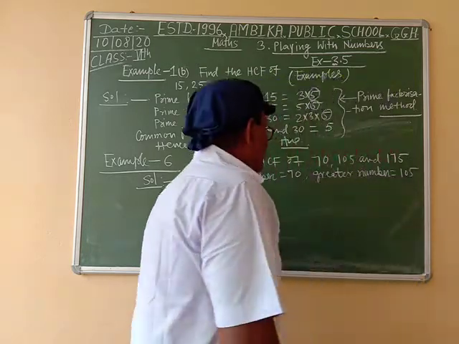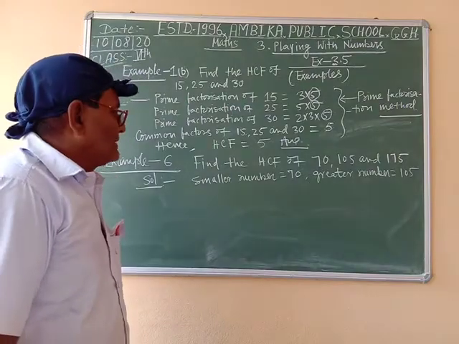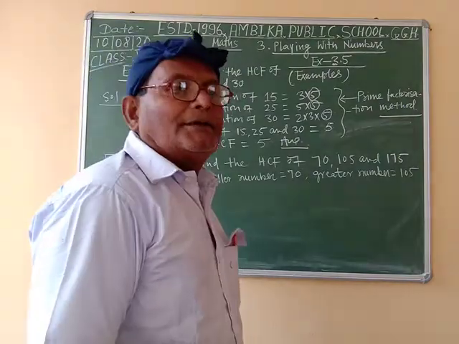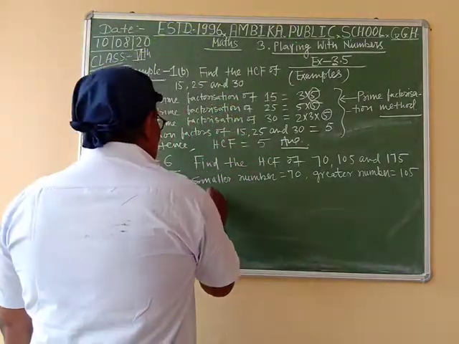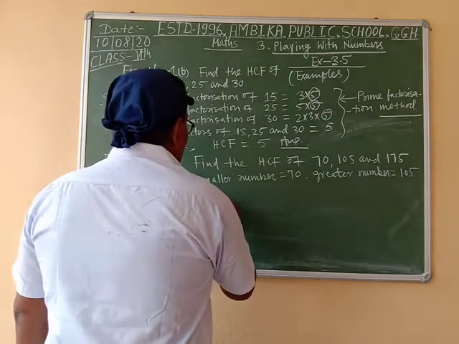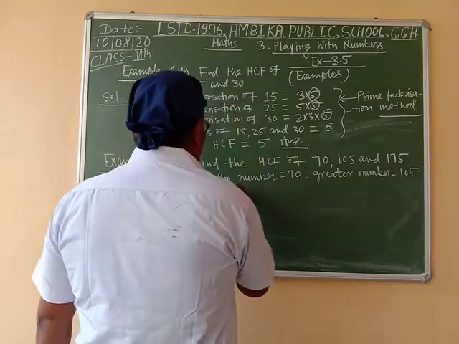So first of all we divide the greater number by the smaller number. 70, 105.